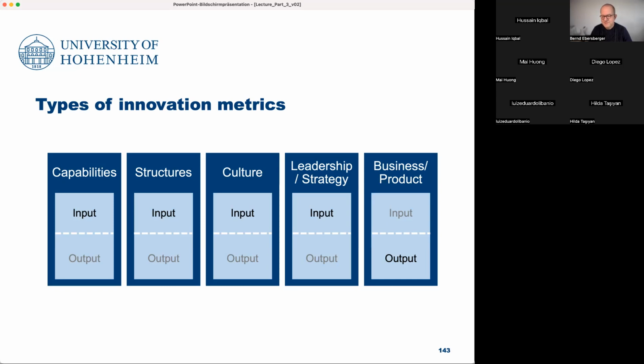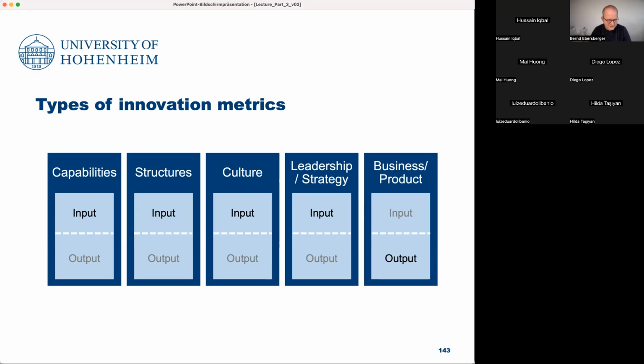So as a manager, of course, you can more or less easily and quickly change the capabilities. Change the capabilities would mean hire more people, send people on additional educational programs, etc. Change the structure, put more R&D dollars into your organization.